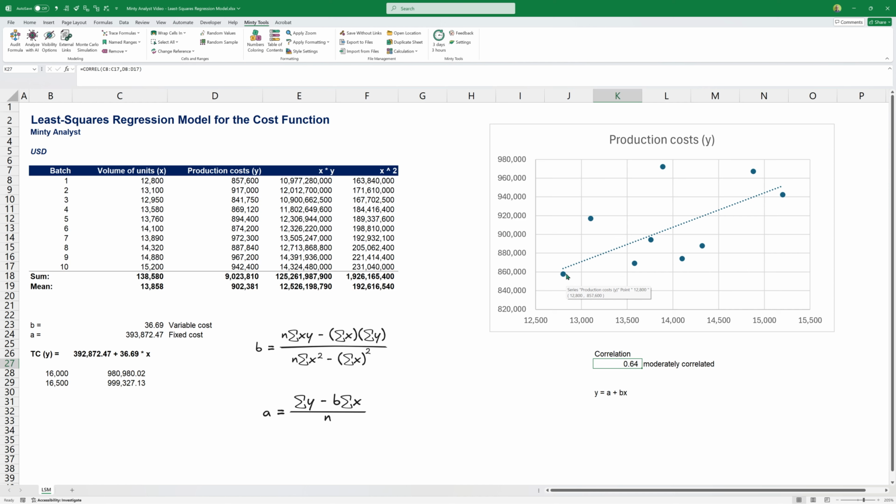So it's a really versatile concept that's applied throughout medicine, biology, finance, agriculture, sociology, and pretty much everywhere where statistics is involved. Now you know how to leverage the least squares method to improve your decision making when it comes to budgeting and forecasting fixed and variable costs.